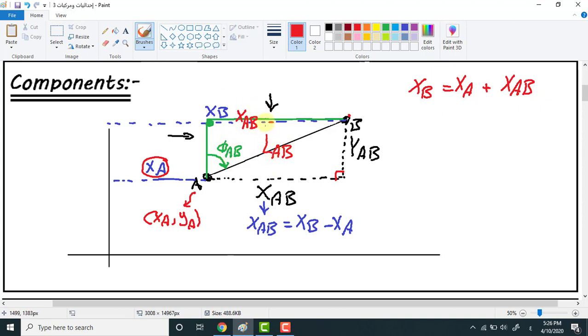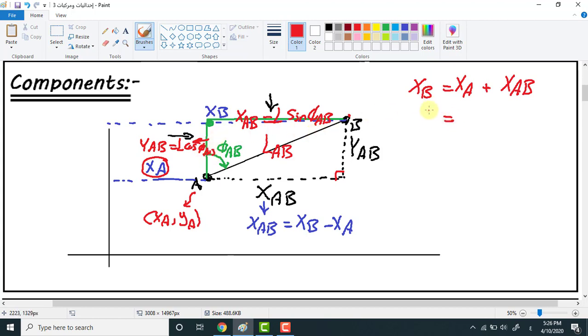XAB equals L sine phi AB. And YAB, we can calculate in terms of LAB and phi AB. YAB equals L cosine phi AB.